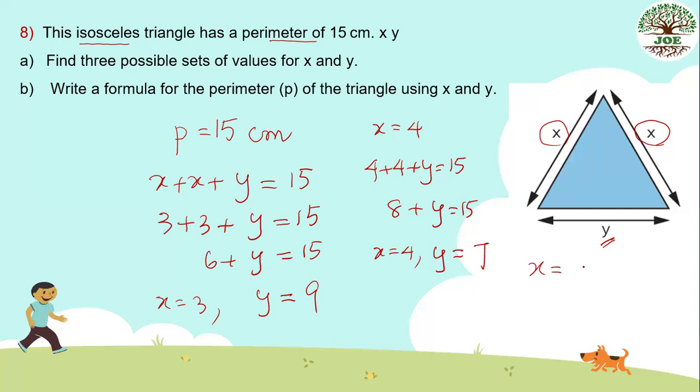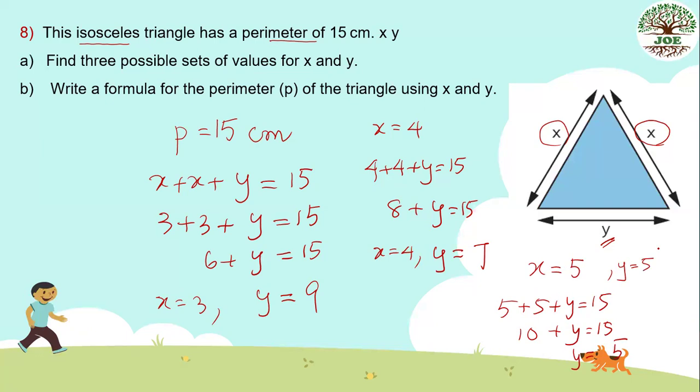No, x is 5. 5 plus 5 plus y is 15. So 10 plus y is 15. So y is 15 minus 10, y is 5. x equals 5, y equals 5. Okay, these are 3 possible sets of values for x and y.